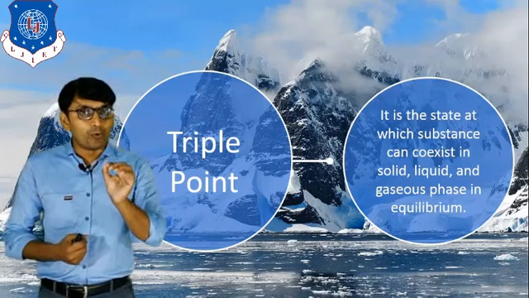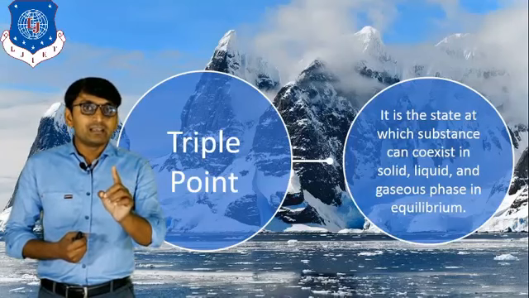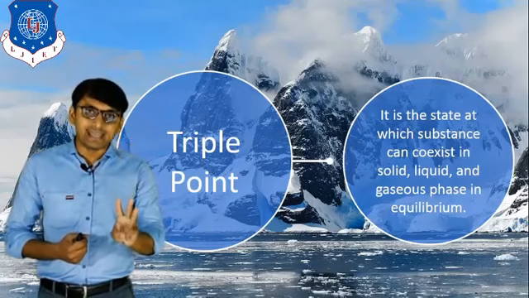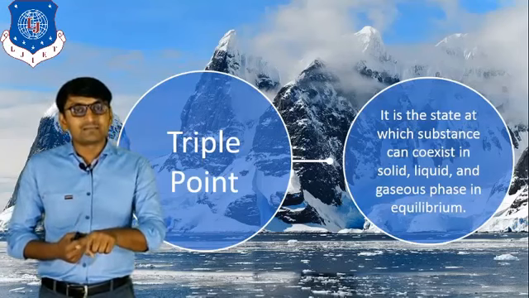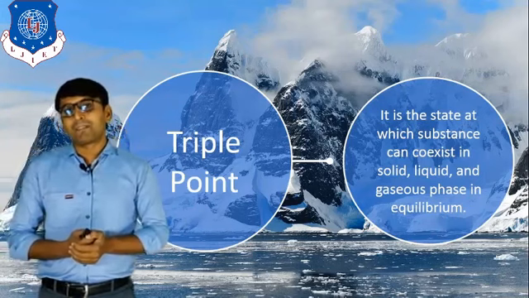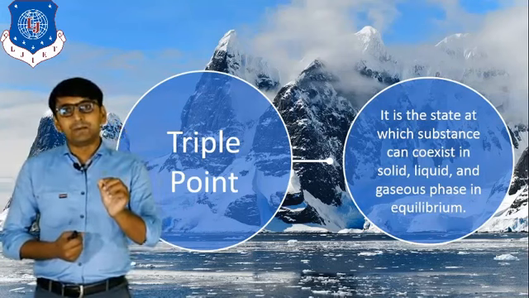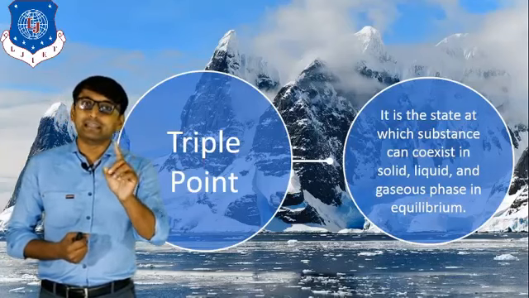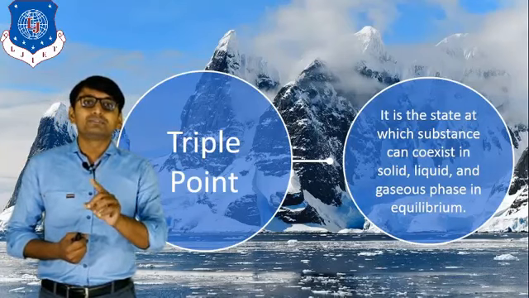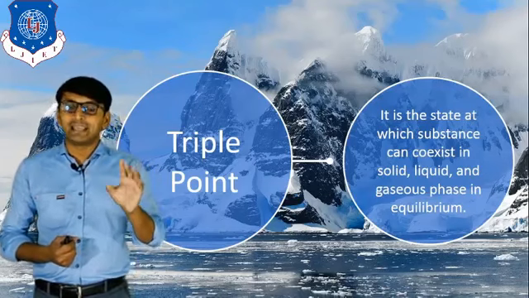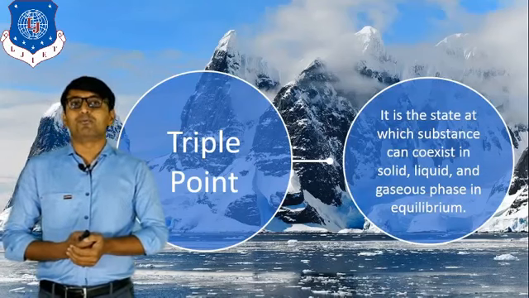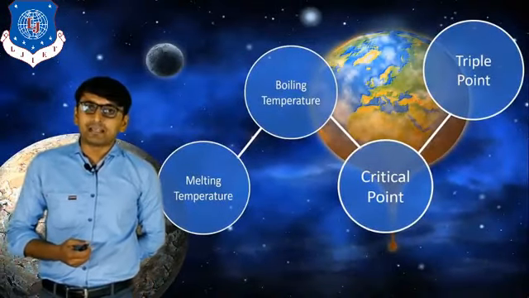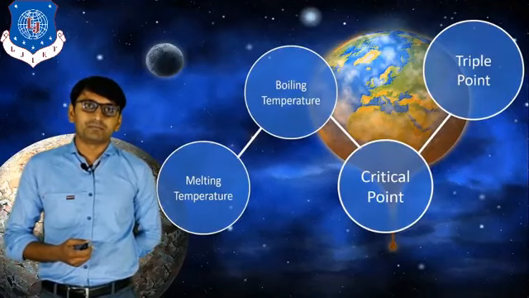The triple point of water is 0.01 degree Celsius or 273.16 Kelvin. So that is about melting temperature, boiling temperature, critical point and triple point.